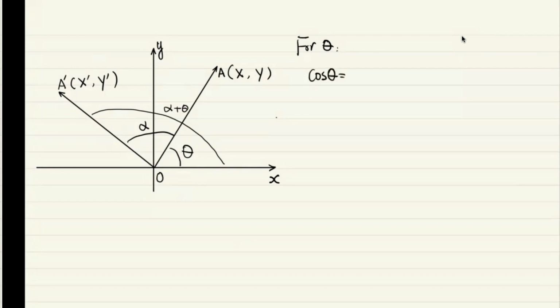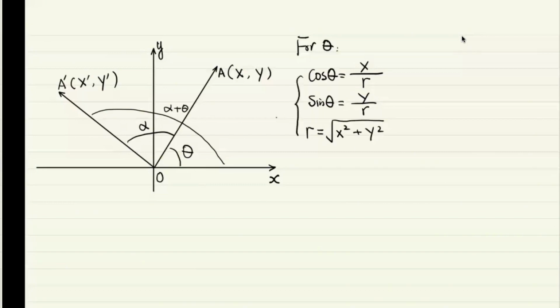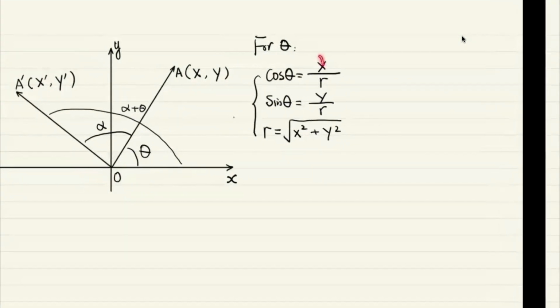Cosine theta equals X divided by R. Sine theta equals Y over R, whereby R is the length of OA, which is the square root of x squared plus y squared. Now, we can rearrange these two equations to express the xy coordinates in terms of r and theta as x equals r cosine theta, y equals r sine theta.